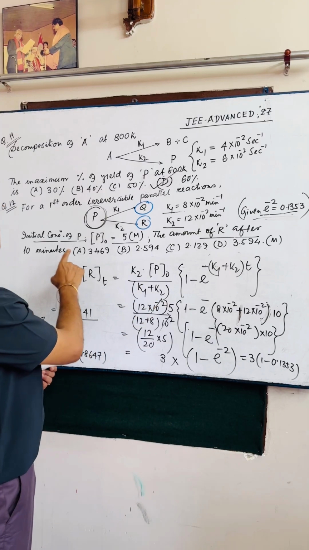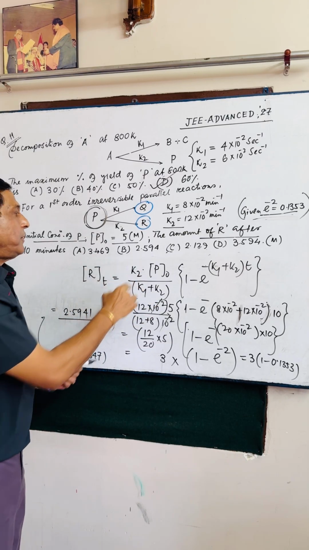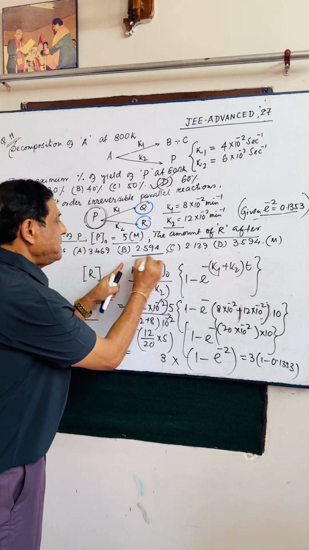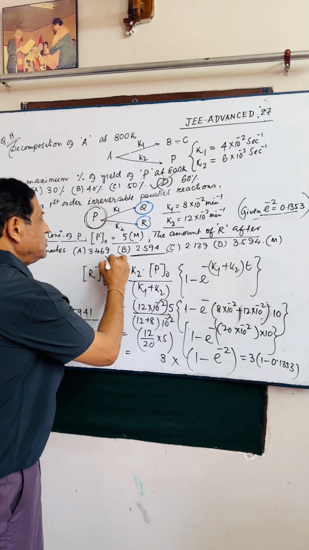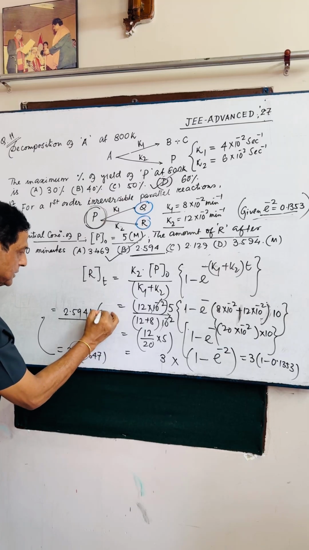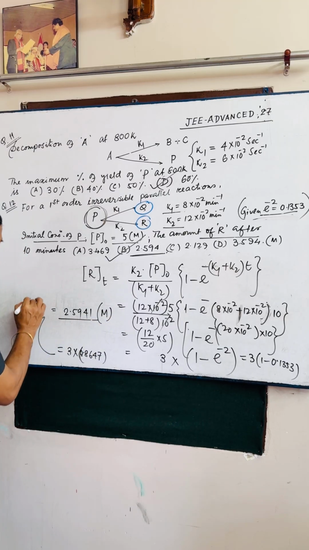You see the options: 3.469, 2.594. This one is matching, so we got an extra digit, but no problem. This will be the correct answer. This much molar will be the concentration of R after time t.